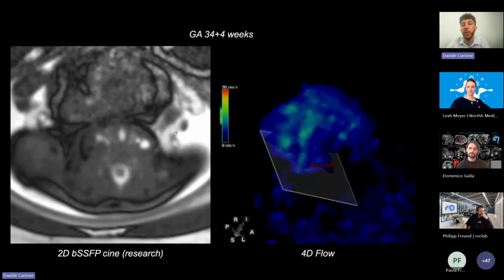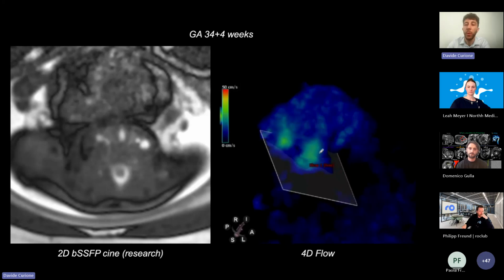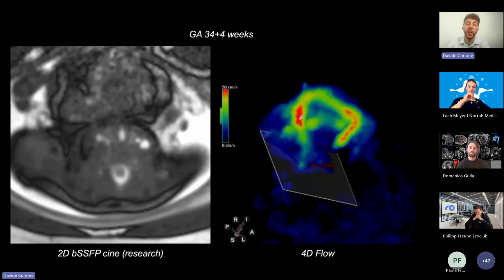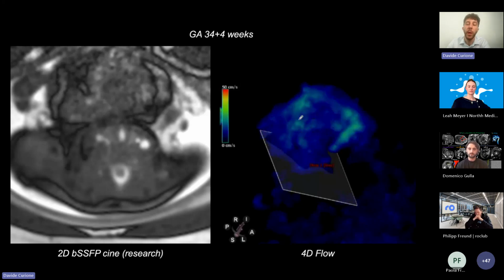So we performed 4D flow in this case as well, and showed that the aortic flow was coming predominantly from the left ventricle through the subaortic ventricular septal defect, supporting the diagnosis of regular tetralogy of Fallot. And this is a case where flow imaging can sometimes help clarify anatomical ambiguities a little bit better.